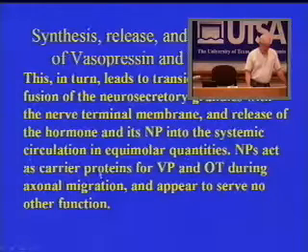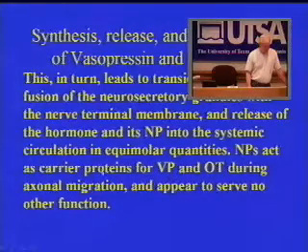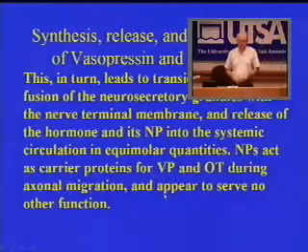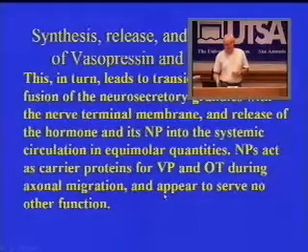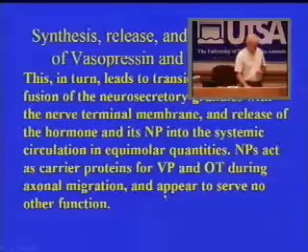The neurophysins act as the carriers for their cognate hormones, neurophysin 1 for oxytocin, neurophysin 2 for vasopressin, during the axonal migration, and there still is no other function that's been discovered for them. They're not functioning as carriers for these hormones in the plasma. No one knows exactly what they are doing.